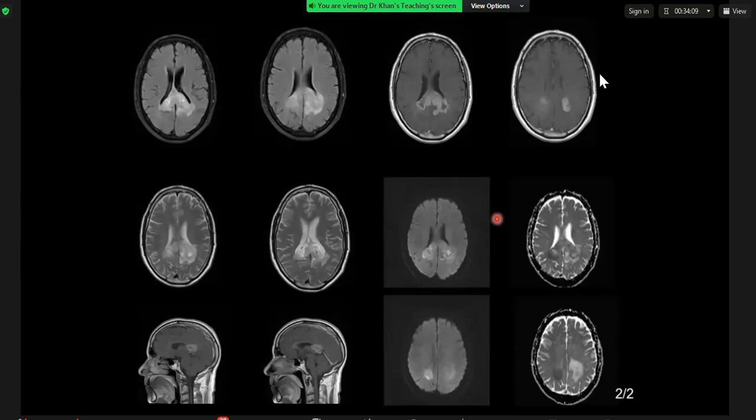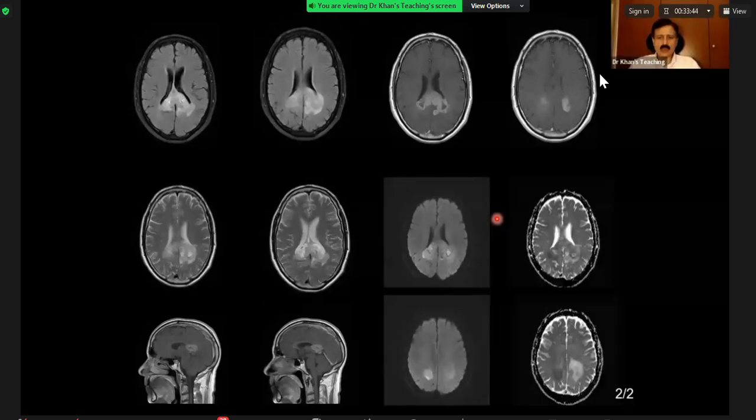Looking at the sagittal slices, I don't see any drop metastasis going down to the spine or any involvement of the CSF spaces. There's no hydrocephalus as such. Looking at the diffusion weighted scans, there is restricted diffusion noted in some parts of the lesion.